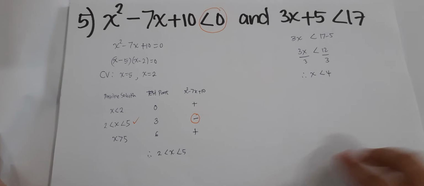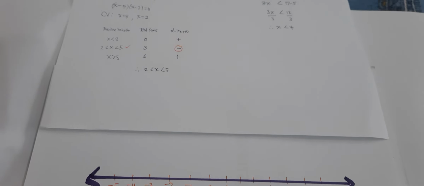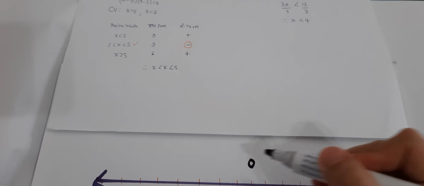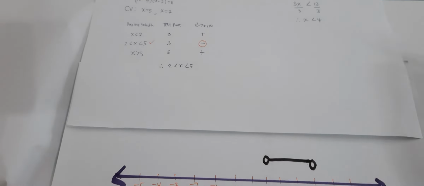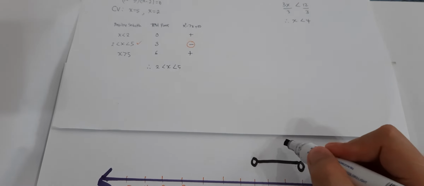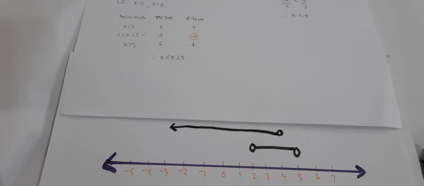We will draw this in one real number line, like this one. We will plot the values. So the first value is 2 to 5. First solution, 2 to 5. X less than 4, going to the left. And then where they are together.